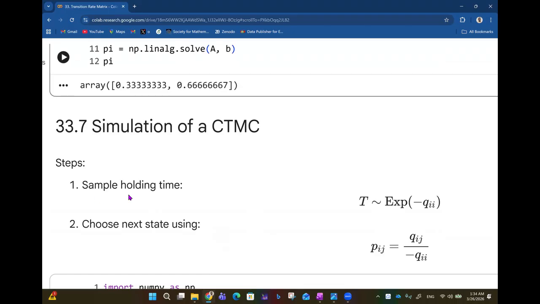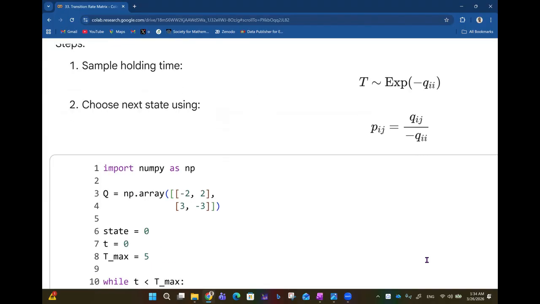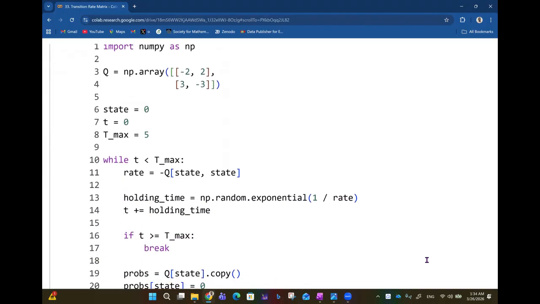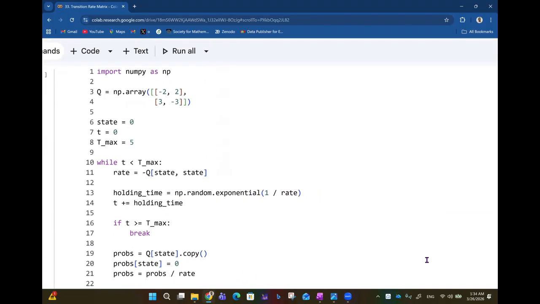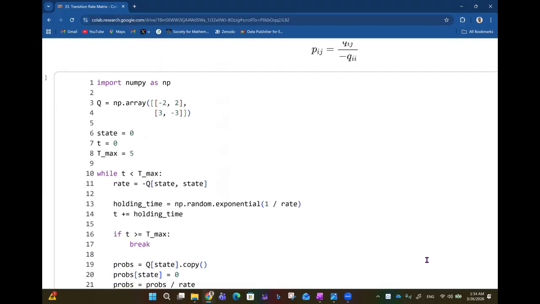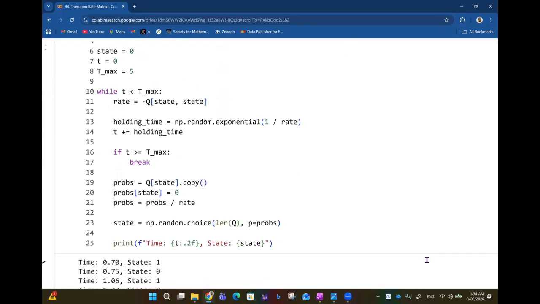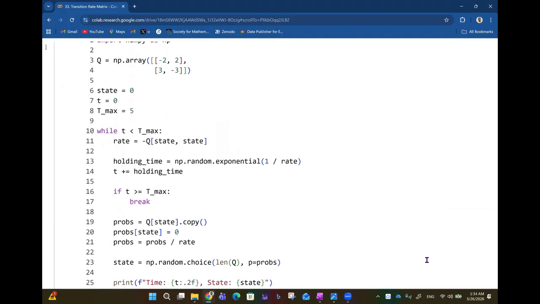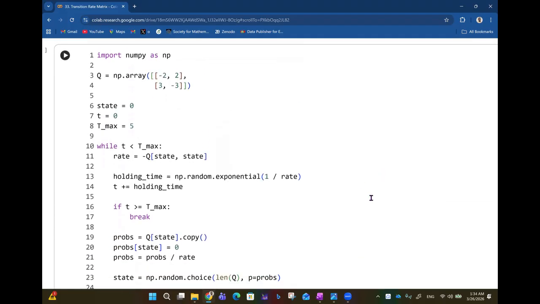The steps are: you sample the holding time, which is exponentially distributed with parameter minus Qii. Then you choose the next state using Pij, which is Qij over minus Qii. So you import numpy, then you have the matrix, the state is 0, t0, and all that.